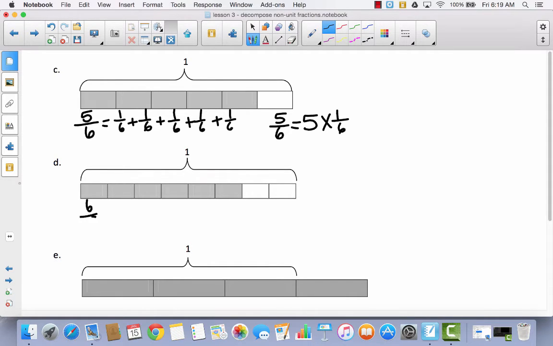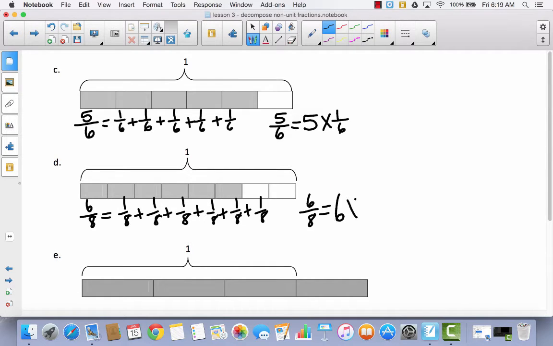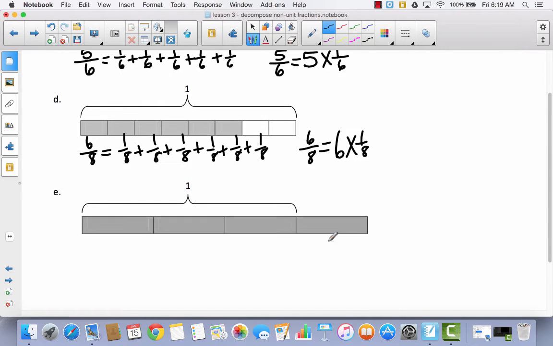So I have 6/8 is equal to 1/8, and I'm going to write this 6 times: 2, 3, 4, 5, 6. So much faster to write the multiplication sentence, isn't it? 6/8 is equal to 6 times 1/8. And notice how I make my whole number as tall as my fraction. That keeps me from getting confused between the fractions and the whole numbers.